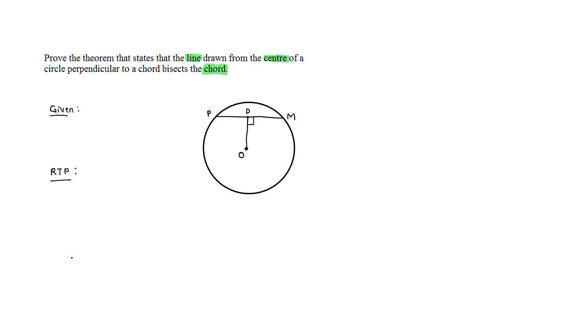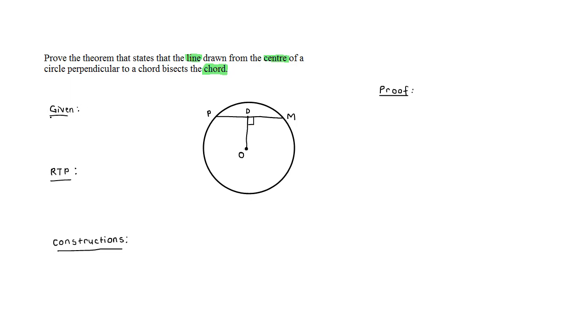After that I am going to have a few constructions that I'm going to make. Then lastly you will have your proof. So this is the basic layout of all the Euclidean geometry proofs that you're going to do.